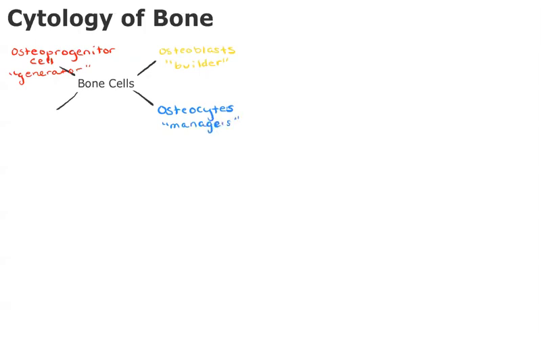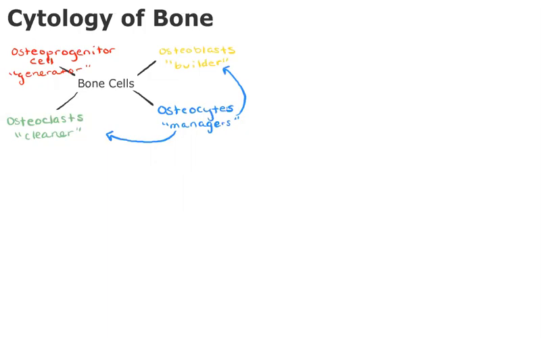Finally, we have our osteoclasts. Osteoclasts are going to be our cleaners. They're going to get rid of old bone, broken bone, anything like that. And the osteocytes are going to manage the activity of the osteoclasts and the osteoblasts. They tell them what to do.